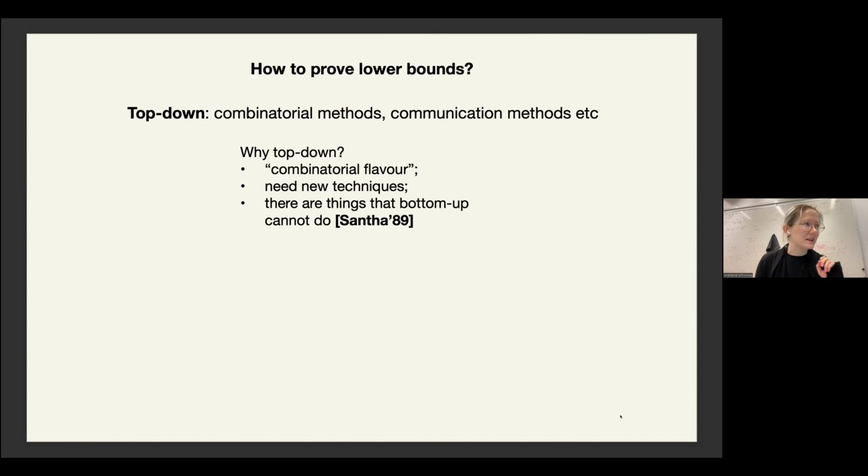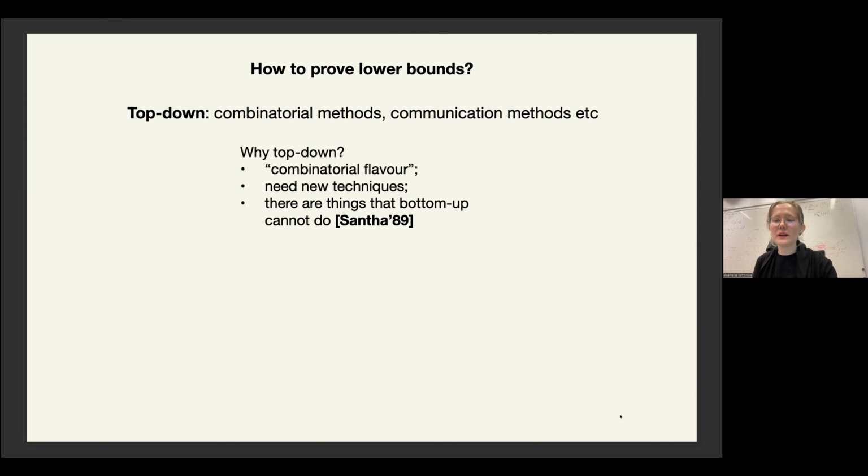By the way, I didn't tell you what exactly I mean by top-down, but this is something that analyzes the circuit starting from the top of the tree and going to the bottom. On the next slide, I will also give you a picture to explain the general scheme of that. But anyway, it's usually more combinatorial. But the main reason for studying top-down, I think, is the second bullet point.